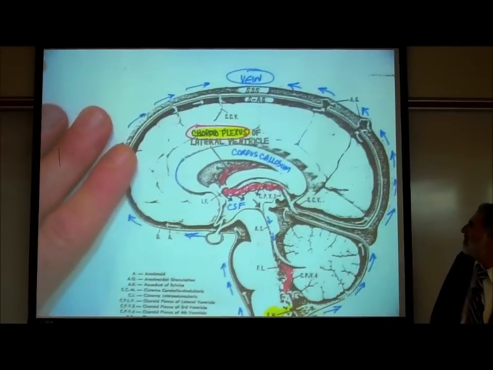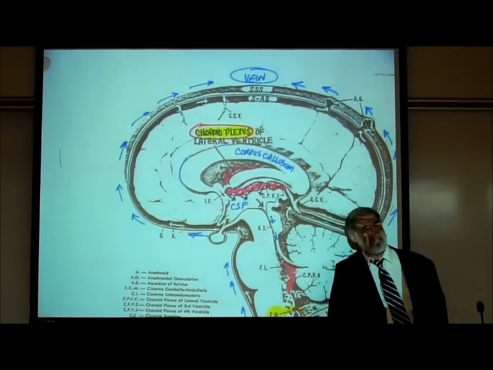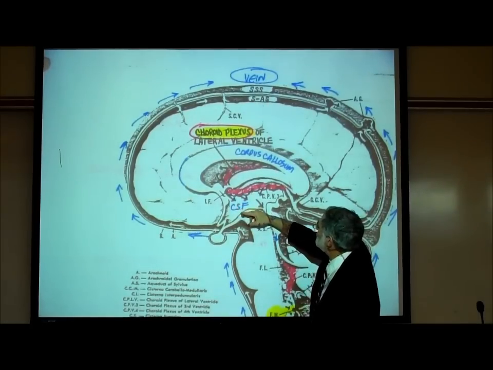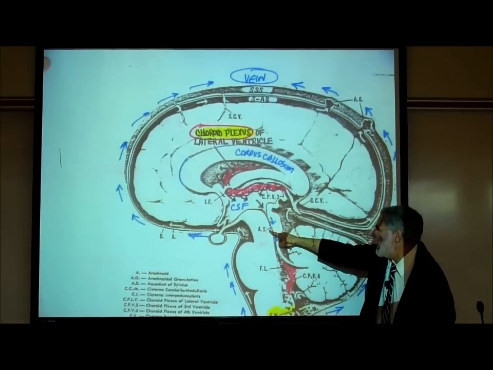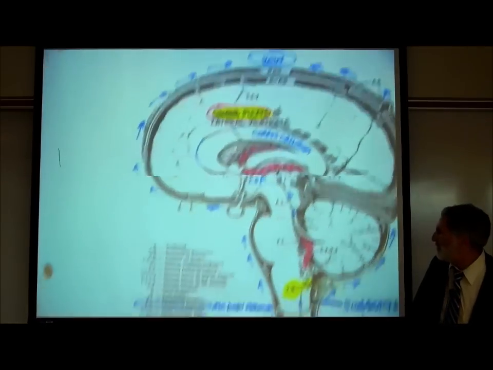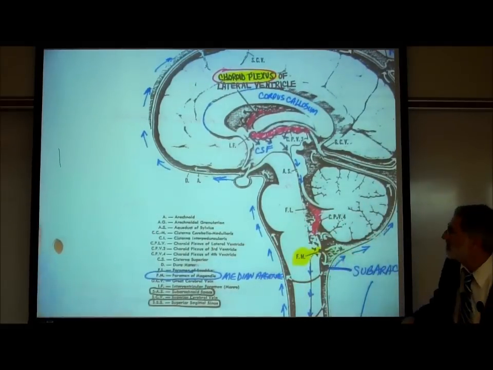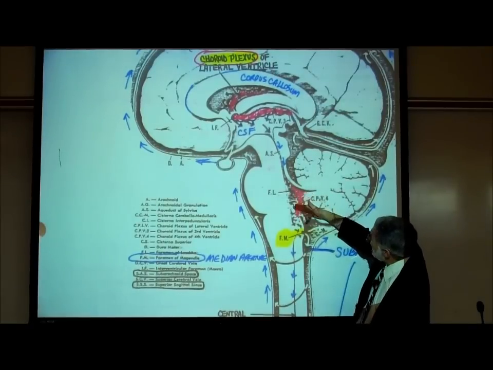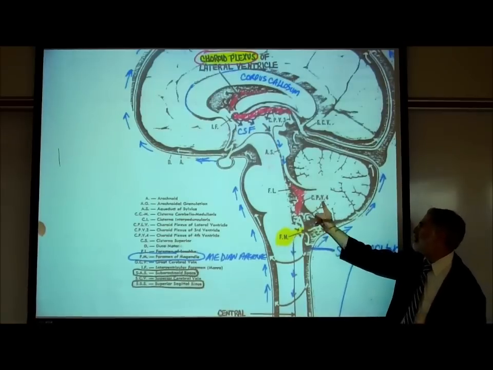Now I'm not so concerned that you memorize the names of these different choroid plexuses. There's just a bunch of them. This CSF, this cerebrospinal fluid, then flows through a canal called the AS, the Aqueduct of Sylvius. It's labeled right here. I don't care that you know that. You don't have to know the Aqueduct of Sylvius. This fluid then flows into another ventricle near the bottom of the brain called ventricle number 4.